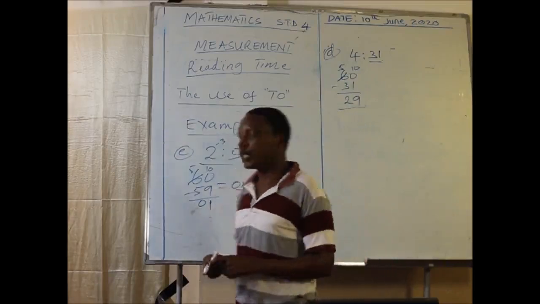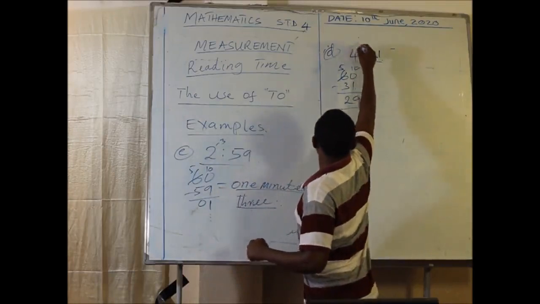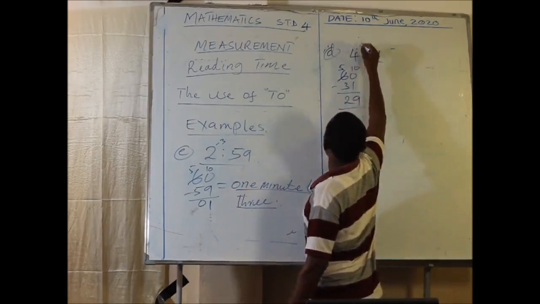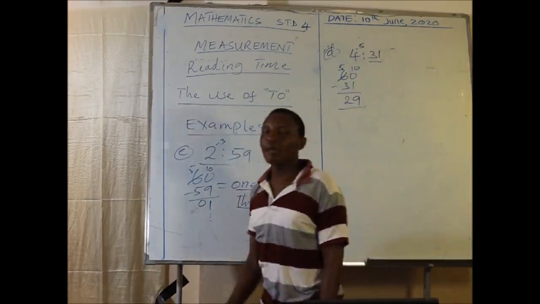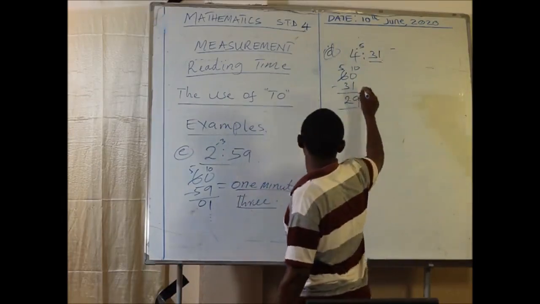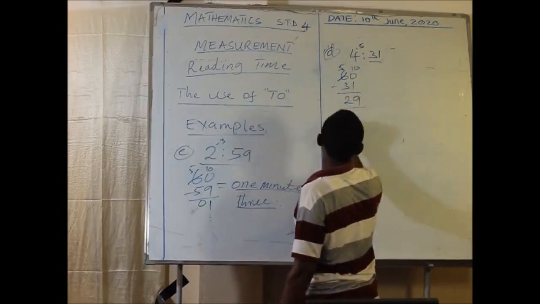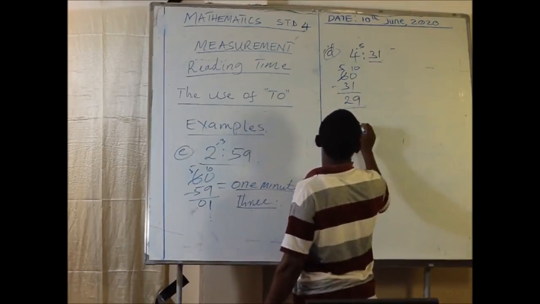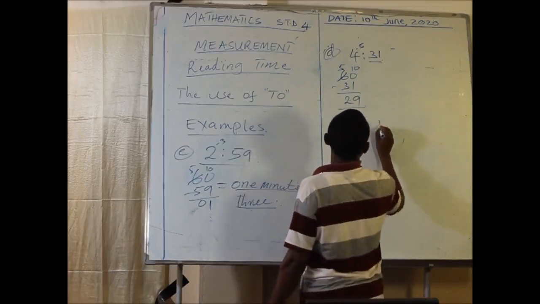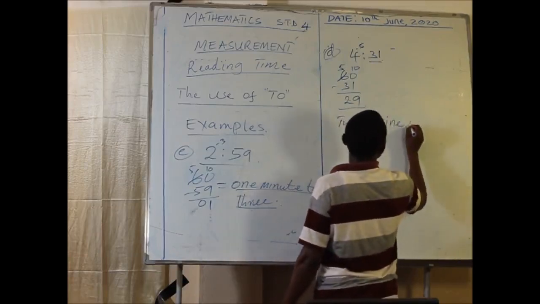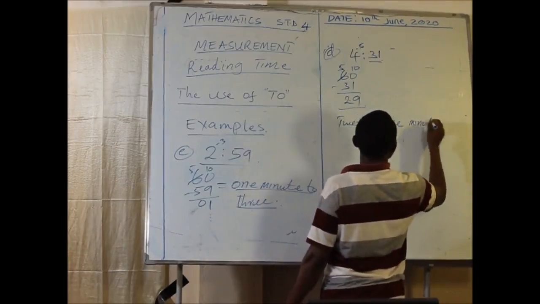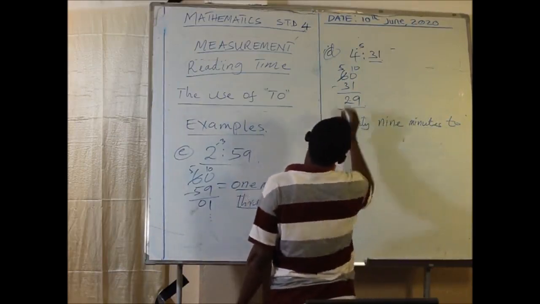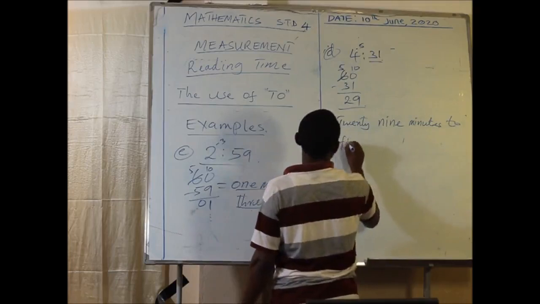So it means that 29 minutes are remaining to reach the next time. This is 4. Now the next time should be what? 5. Now how many minutes remain? 29. Now how can you tell this time? You will say it is 29 minutes to 5.